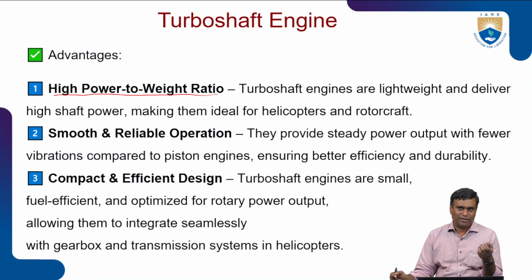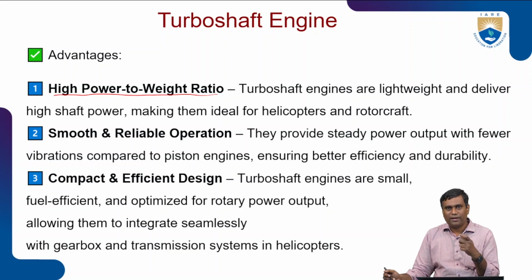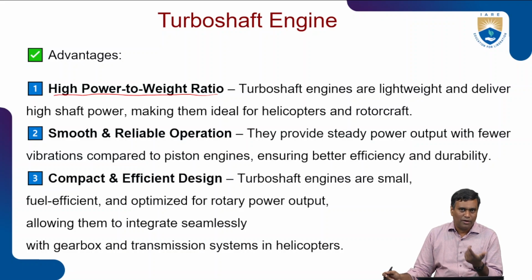But otherwise, we should not compare turboshaft and jet at all, because turboshaft is in the family related to piston engines, in such a way that it generates horsepower, right? Whereas jet engine and turbofan generate thrust, and these generate shaft horsepower, that is rotor power, otherwise thrust by rotor blades, right? So when you're comparing with piston, these are a compact and efficient design, with easy maintenance, less vibration, and a high power to weight ratio.